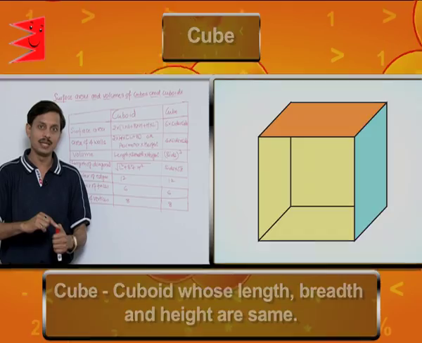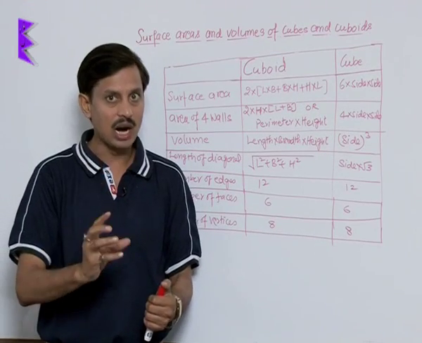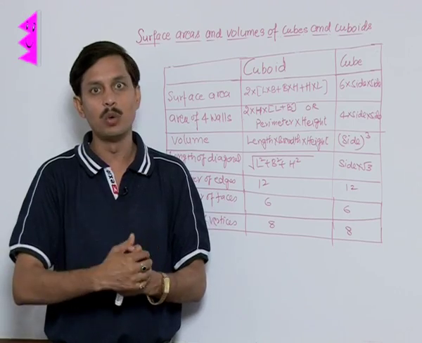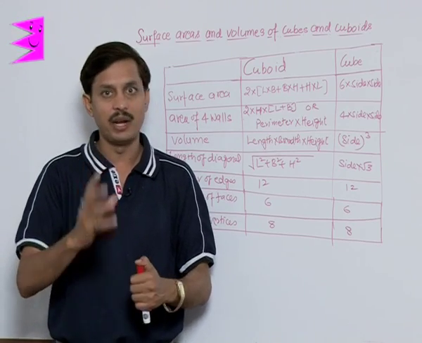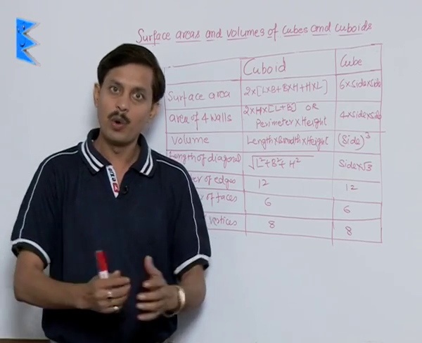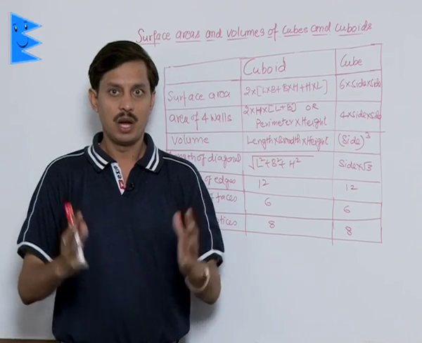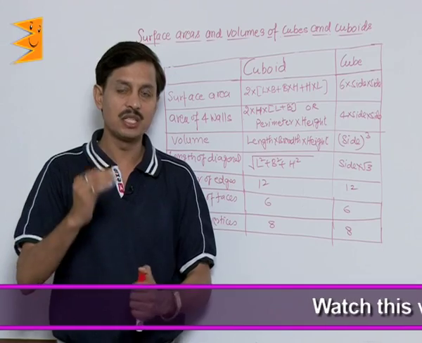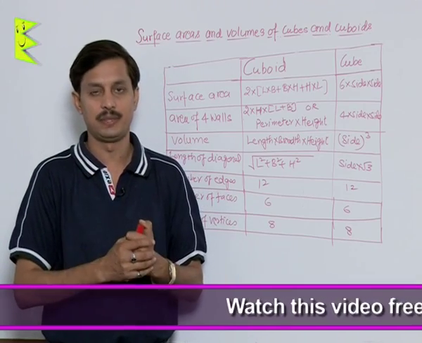Now the question is how we find the surface areas and volumes of a cube and cuboid. Before that, a cuboid or cube is made up of 6 rectangular surfaces.